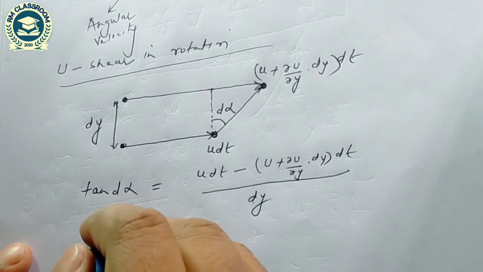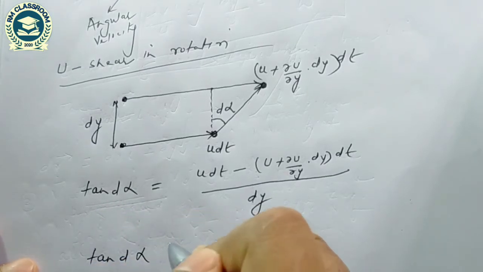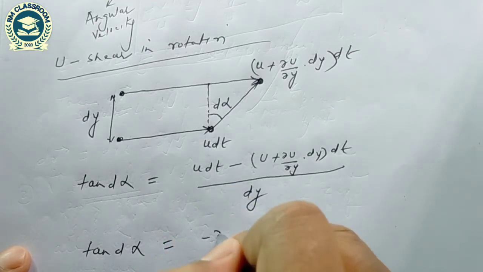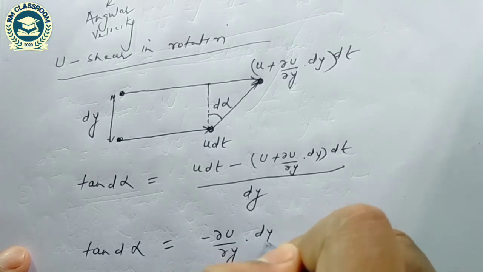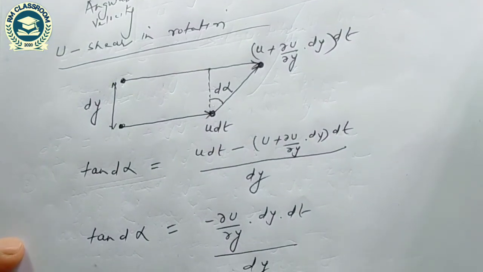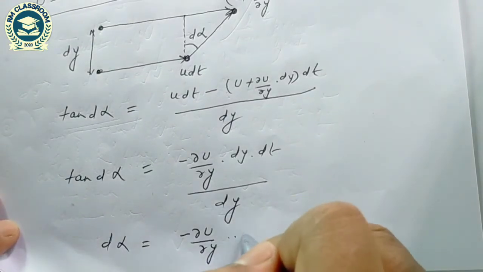So here tan d alpha is equal to minus del u by del y into dy into dt divided by dy, or we can write d alpha is equal to, dy cancels, so it is minus del u by del y into dt.